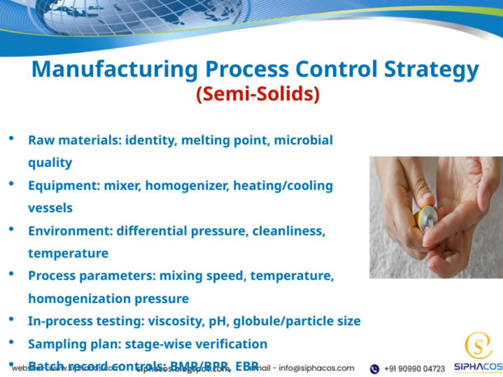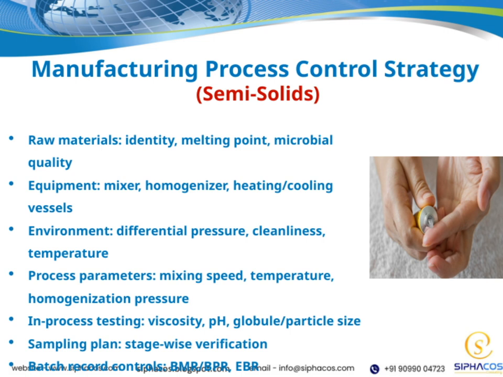Our sampling plan involves stage-wise verification, meaning we check at various points to catch any deviations early on and ensure quality at each step. Batch record controls, such as batch manufacturing records, processing records, and electronic batch records, provide comprehensive documentation and traceability for each production run. Finally, data integrity is fundamental.